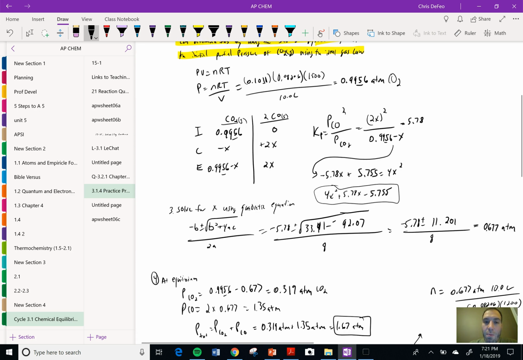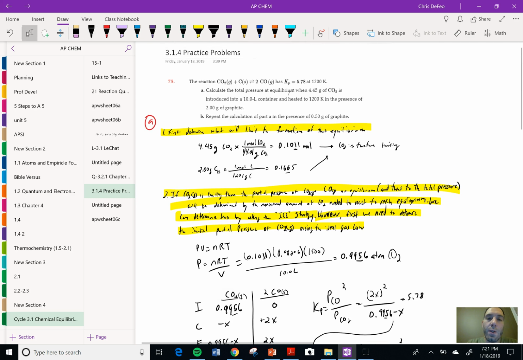And so that's how much carbon dioxide is lost, and twice that amount is how much carbon monoxide is gained. But we also must keep in mind that if we at equilibrium have this much less carbon dioxide, minus x also means that you're going to lose a certain amount of moles of carbon too.